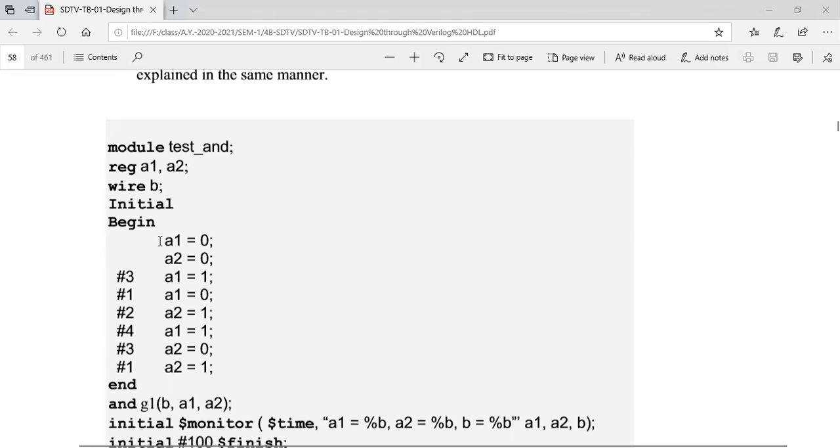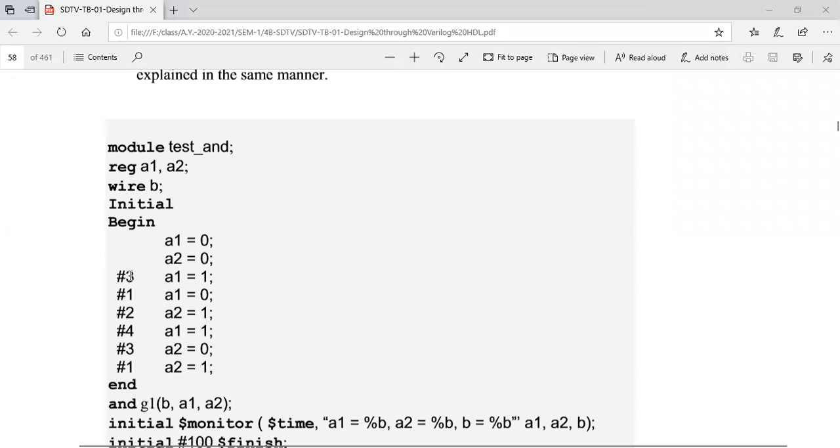So first at the initial stage, A1 is equal to 0 and A2 is also equal to 0.